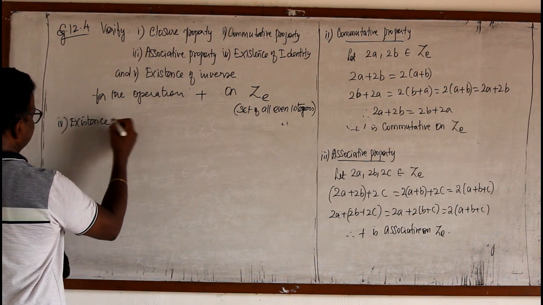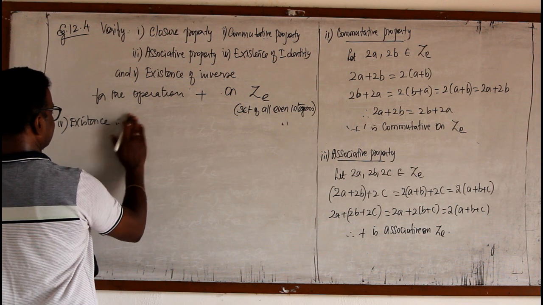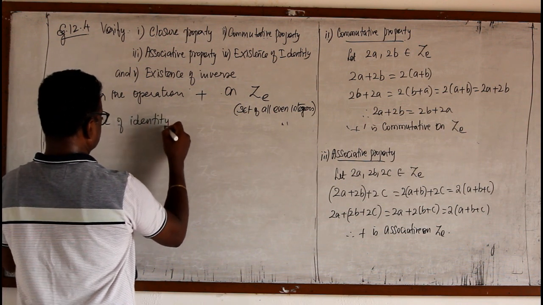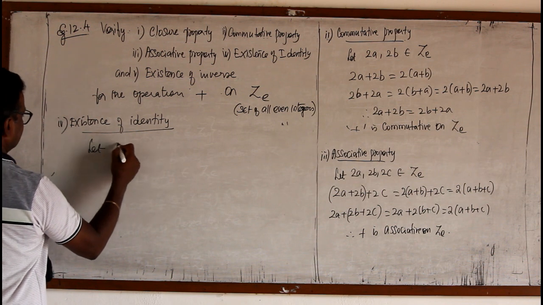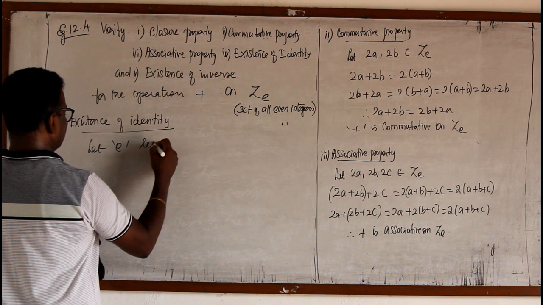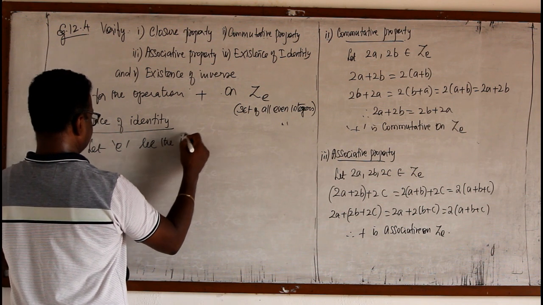It's not necessary that I must take it as 2e. Existence of identity. If we do not know what the identity is, we can take it as E. Let E be the identity element.